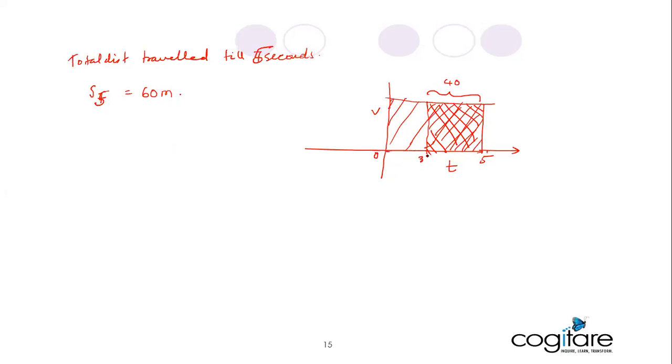You wanted distance traveled from 3 to 5, but you have taken the total distance traveled till 5 seconds. From this, you find the total distance traveled till 3 seconds, means you calculate this area, 0 to 3. Then subtract, supposing you get this as 20 meters. Then the required distance traveled from 3 to 5 will be S5 minus S3, isn't it? Which will be 60 minus 20, the necessary area, 40 meters. Correct, no? Yes, sir.